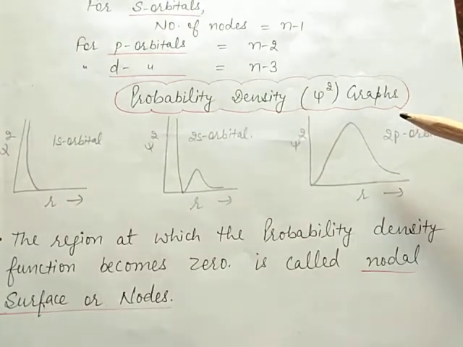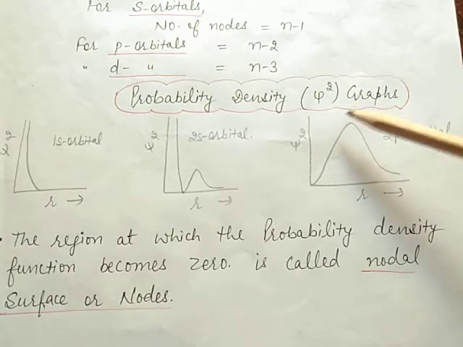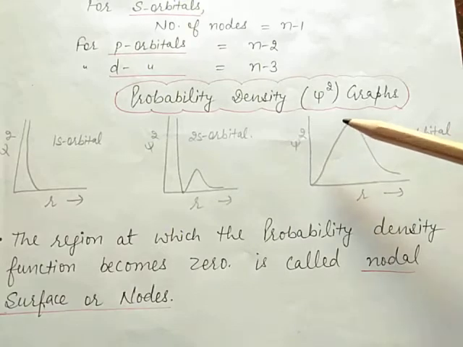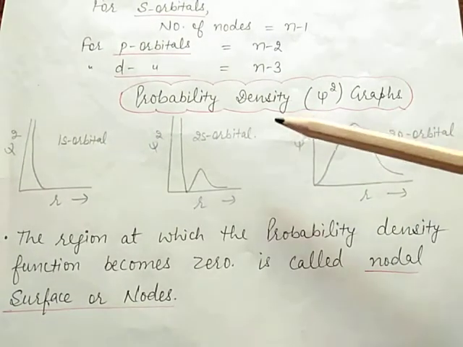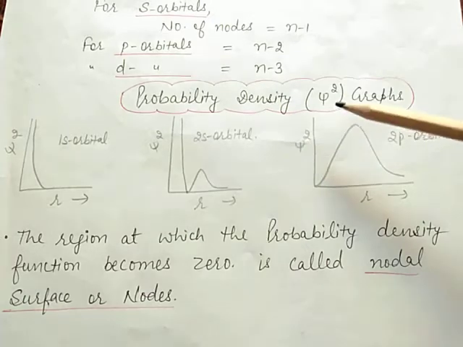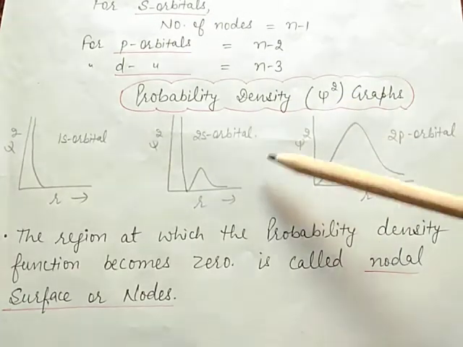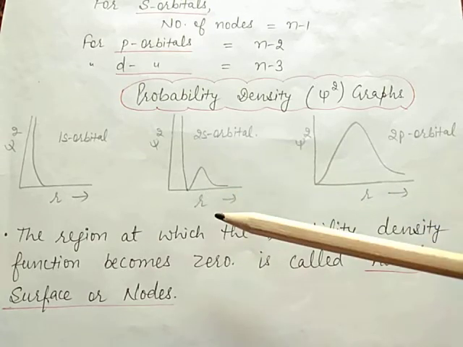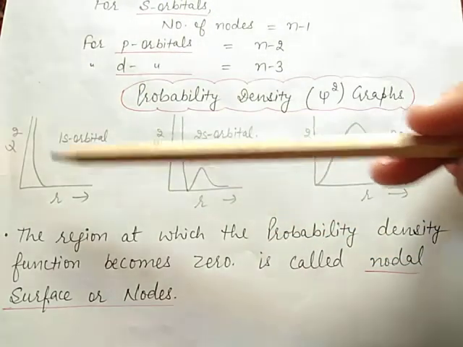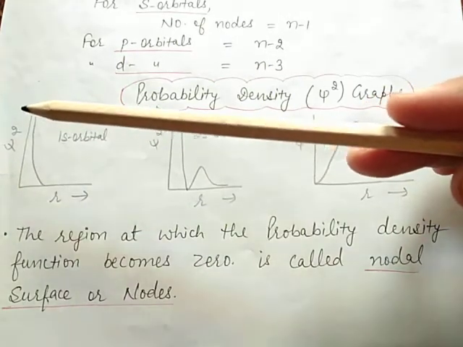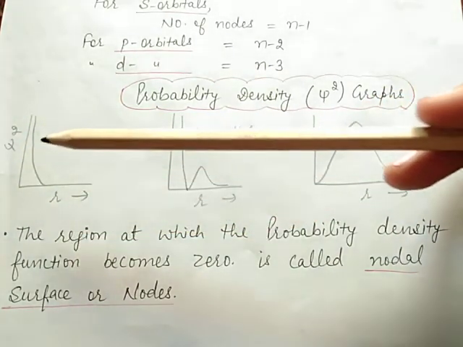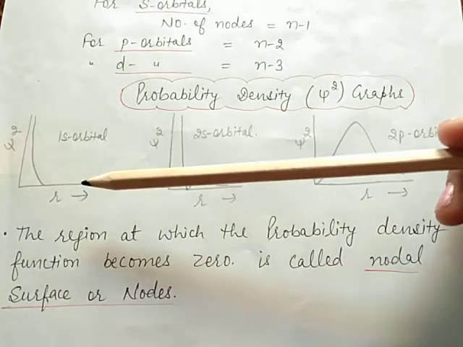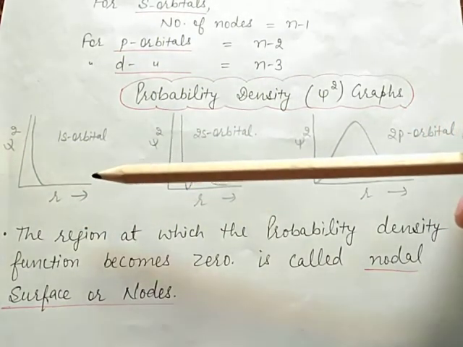Now the next topic is probability density, psi-square graphs. Max Born showed the probability density graph. He showed the probability density of electrons at any point is obtained by the square of the wave function, that is psi square, versus r, means distance from the nucleus.